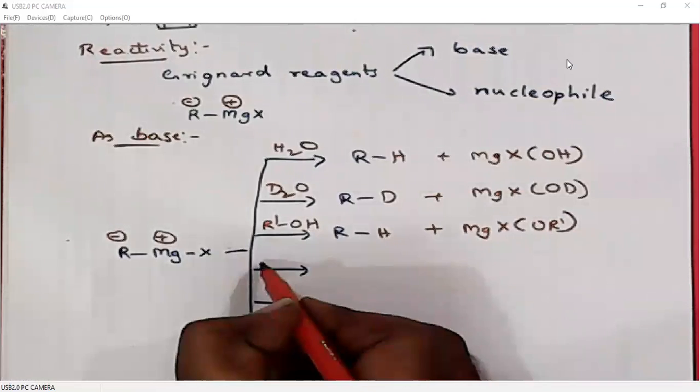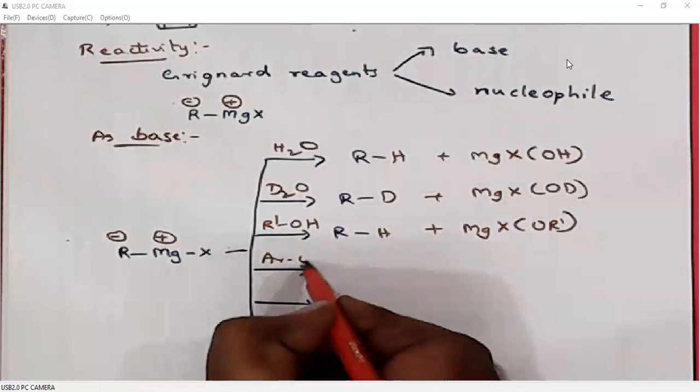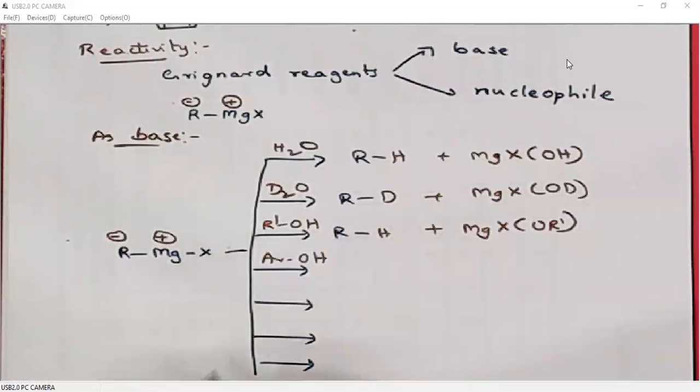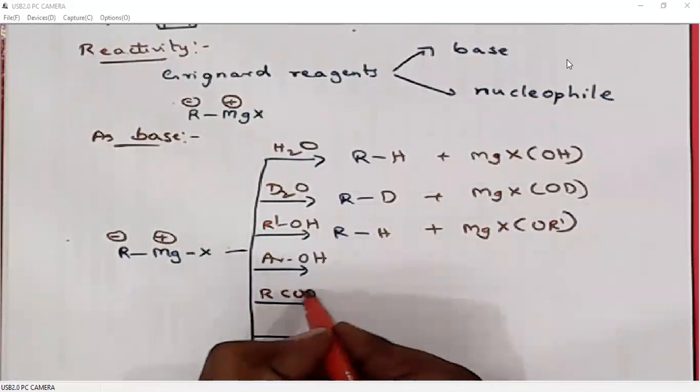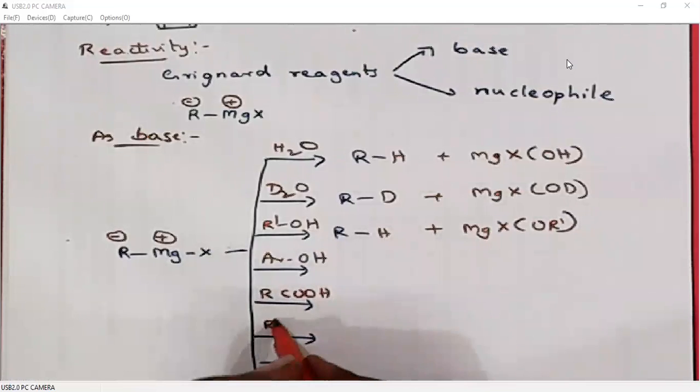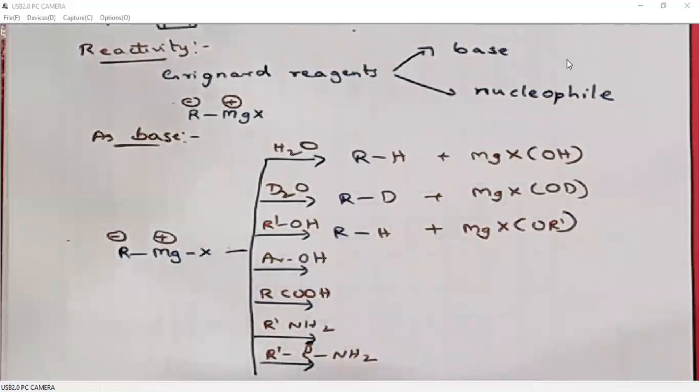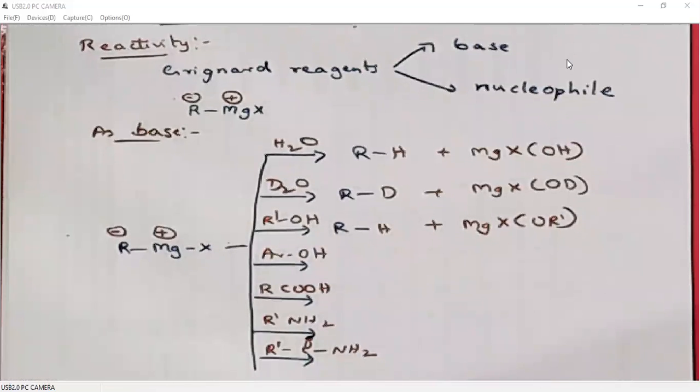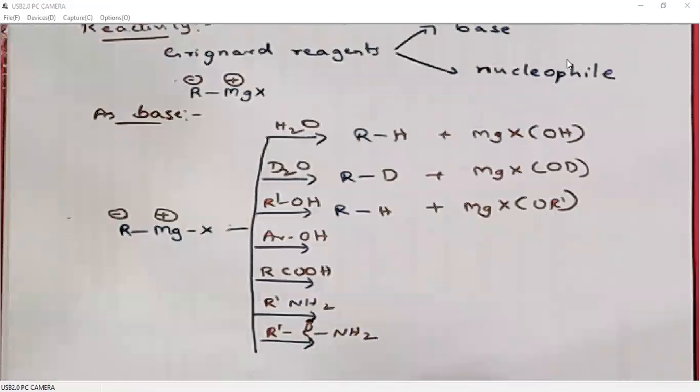So wherever we have an acidic proton, in case of phenol or carboxylic acid or amine or amides, wherever we have an acidic proton, Grignard reagent acts as a base and will immediately pick up that proton.